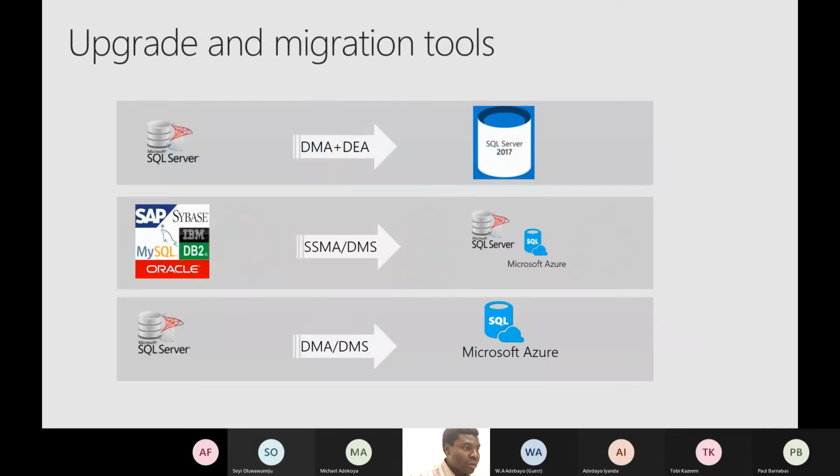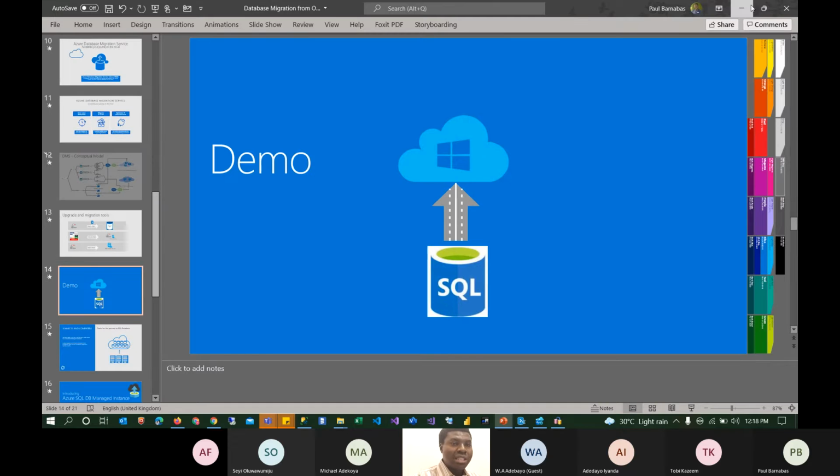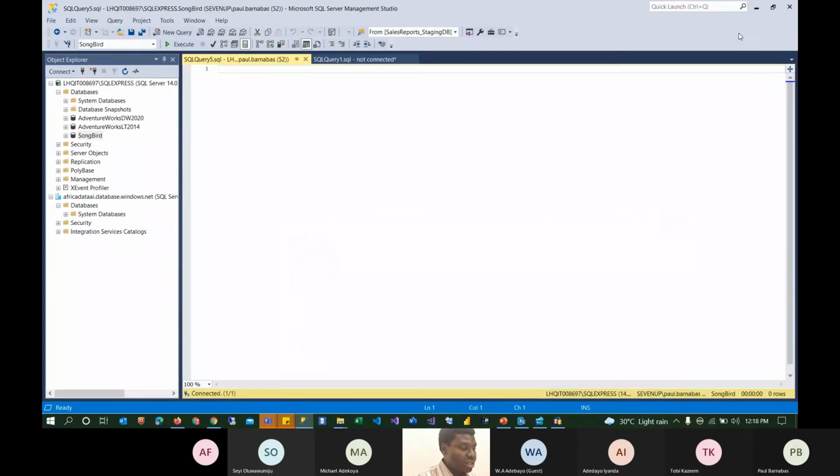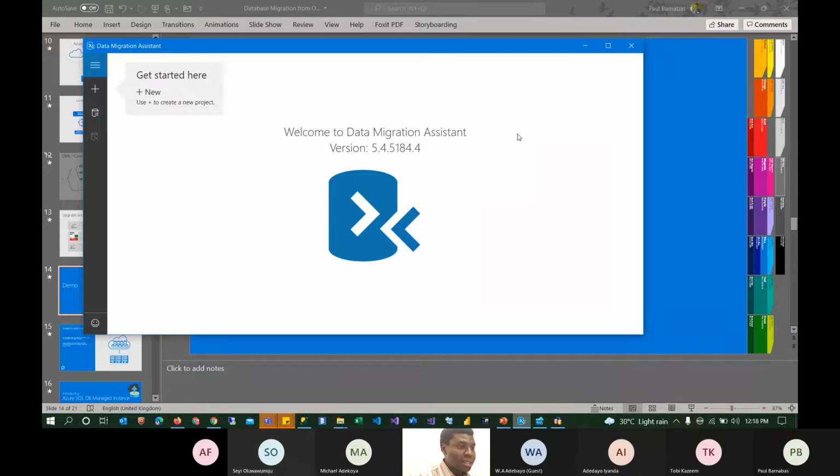So without any further ado, I'm going to try and take us to the demo. But just for your understanding, we'll be doing demos for 3 different scenarios. And the tools that we'll be using, the first tool, as I said, is the Data Migration Assistant.